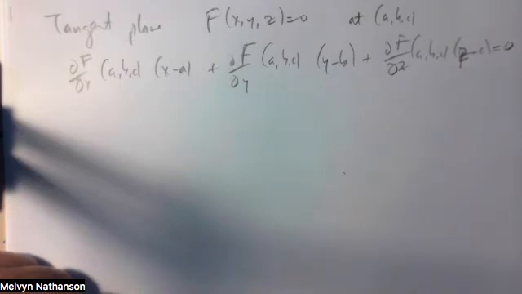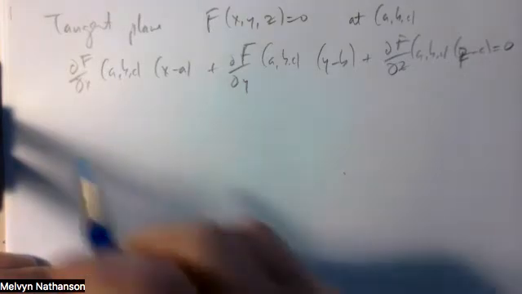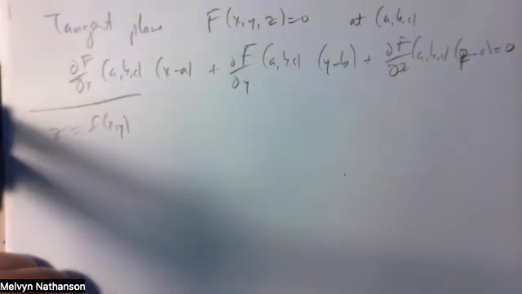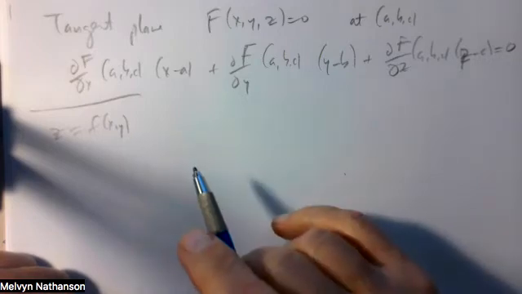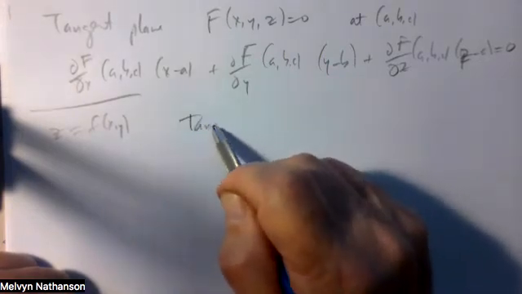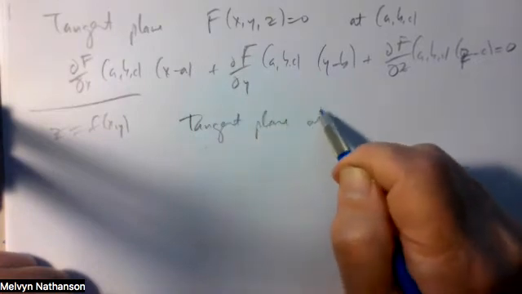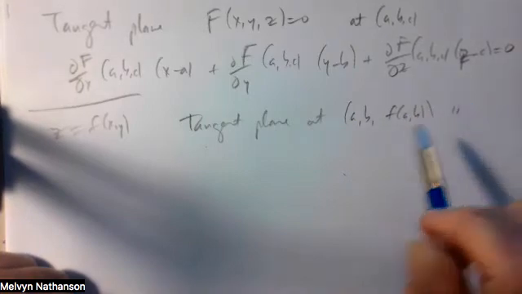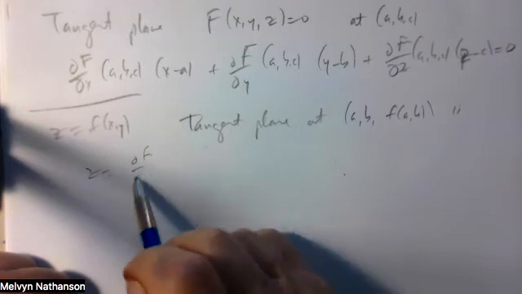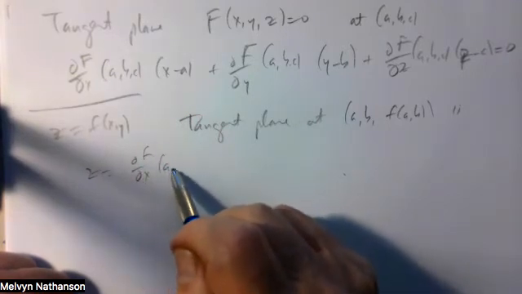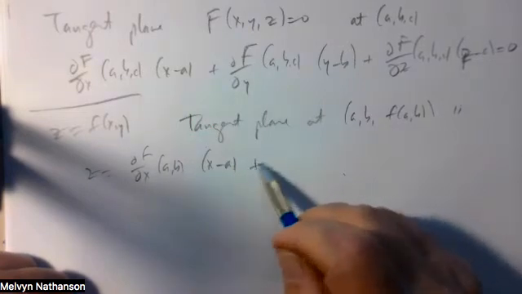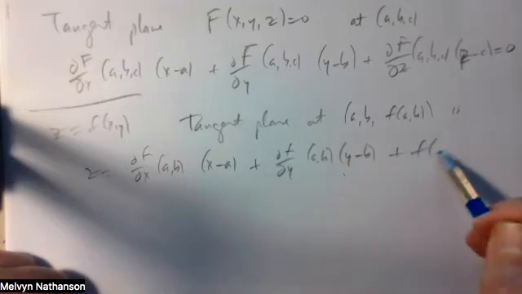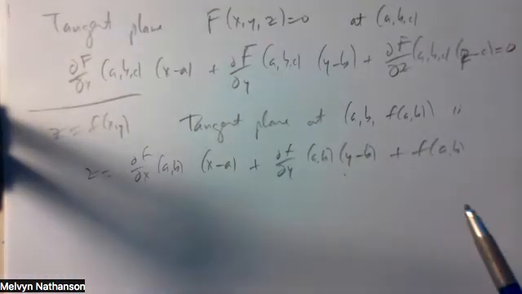And if your function is given in the form z equals some f of x, y, then the tangent plane at the point a, b, f of a, b is given by z equals the partial of f with respect to x at a, b times x minus a, plus the partial of f with respect to y at a, b times y minus b, plus the value of the function at a, b.